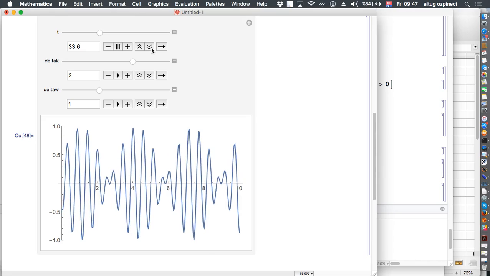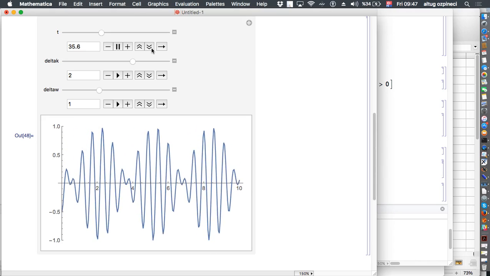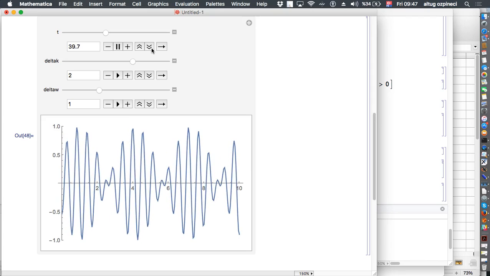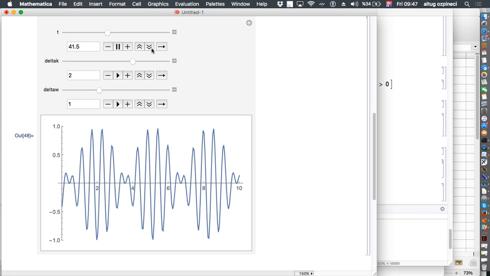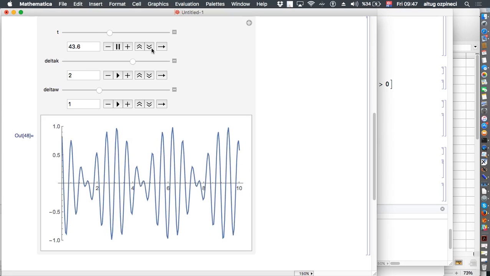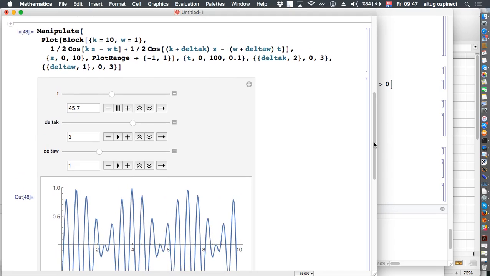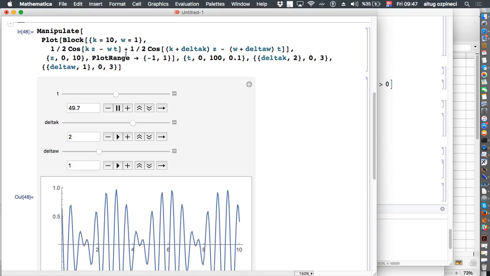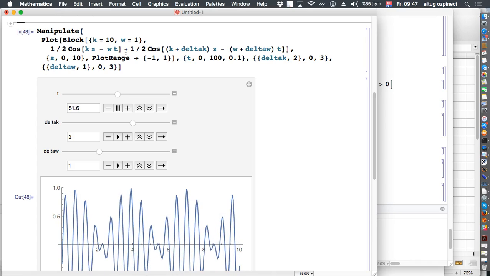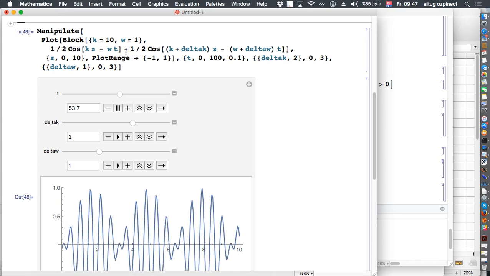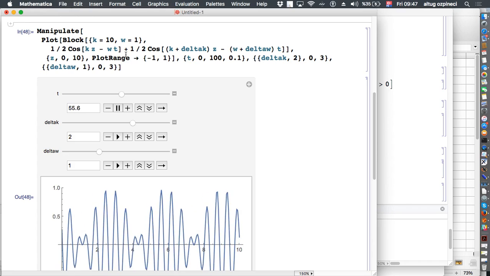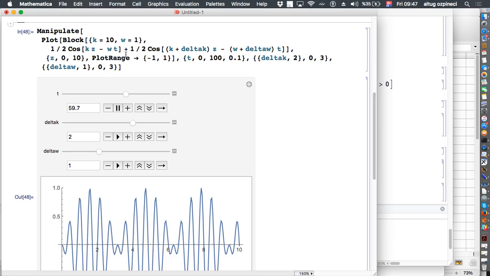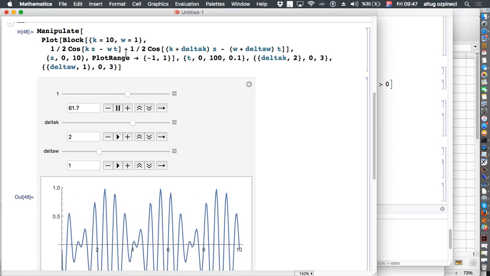Now if they were moving at the same speed, this peak value should stay exactly the same. Let's see. The wave velocity of the first cosine is just omega over k, which is 1 over 10. The wave velocity of the other one, omega plus delta omega over k plus delta k, is 2 divided by 12, that is, 1 over 6.